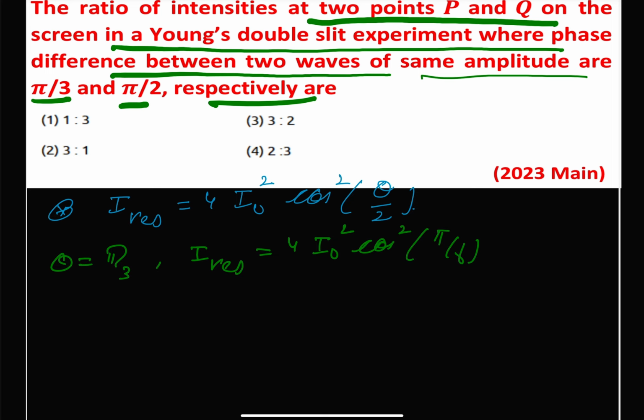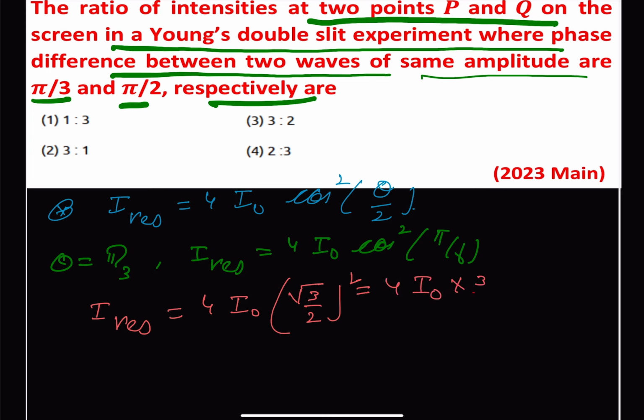Cos pi by 6 is square root of 3 divided by 2, whole square. So we can write this as 4 I naught multiplied by 3 by 4. 4 goes with 4. So this comes as 3 I naught.